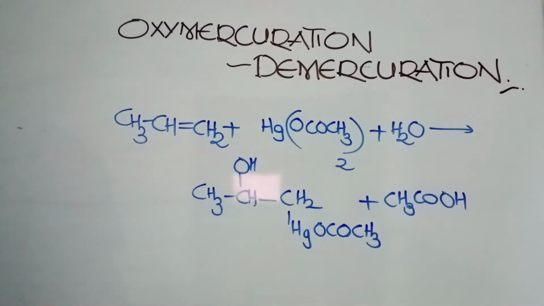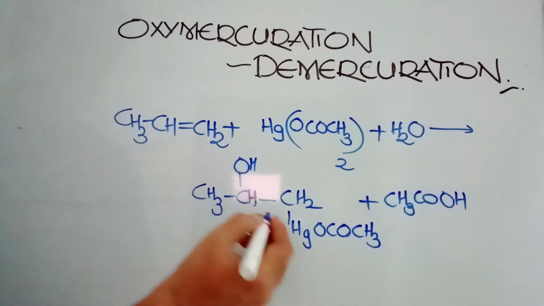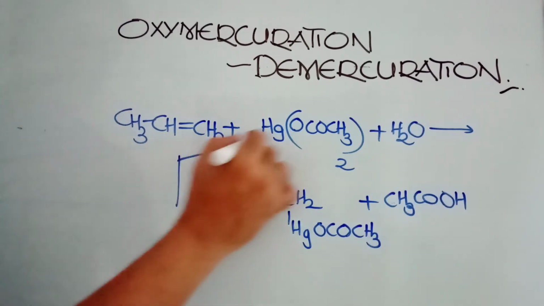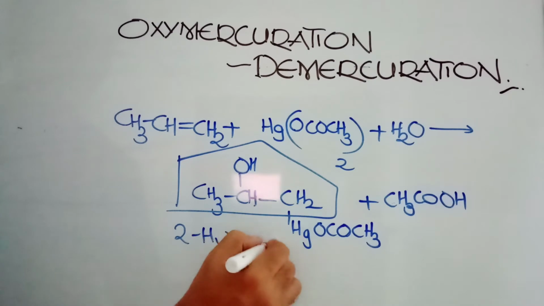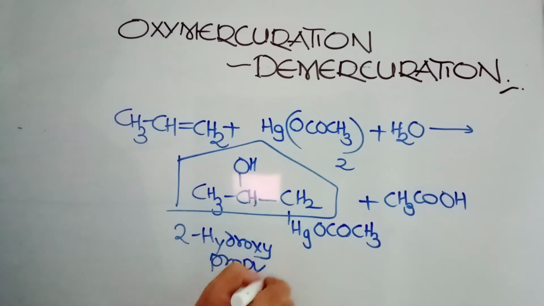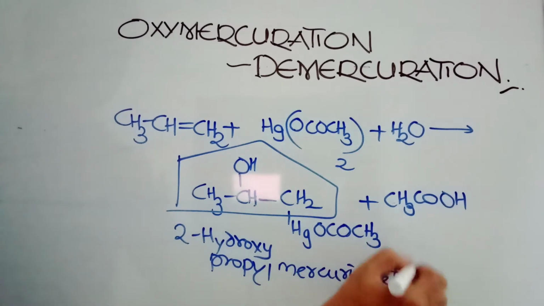Then in the second step, what happens is this part. This part you can say is 2-hydroxypropyl mercuric acetate. So this compound name is 2-hydroxypropyl mercuric acetate.